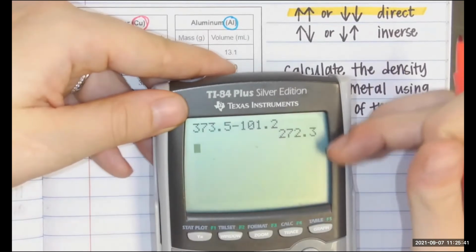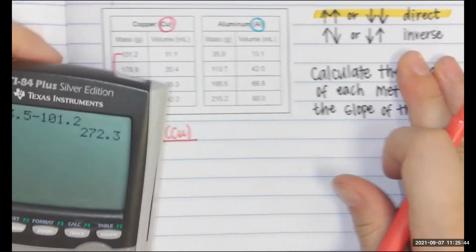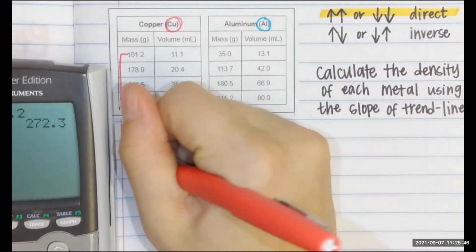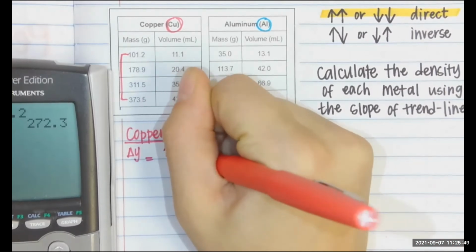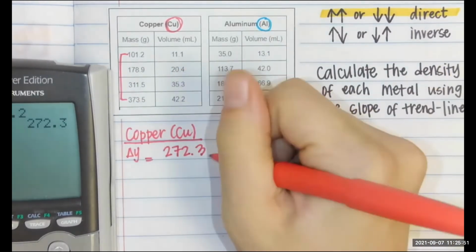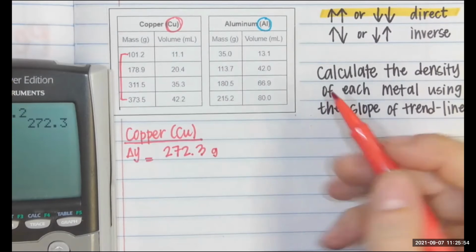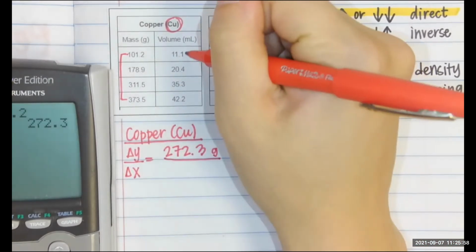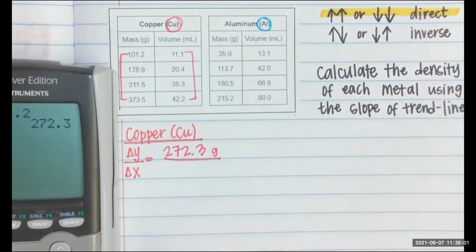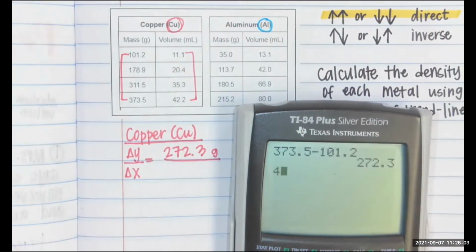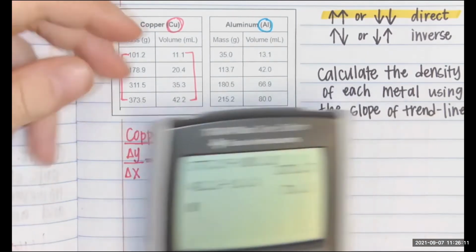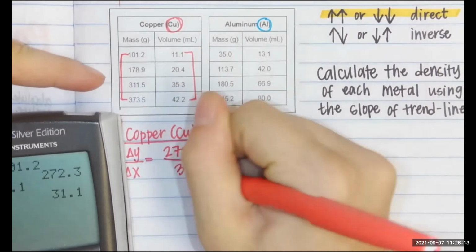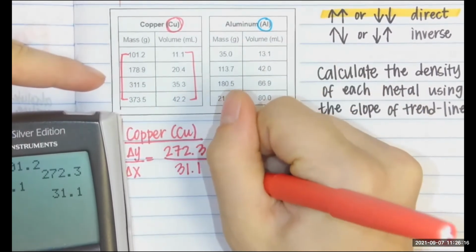So I rose 272.3 grams, because that's the units on the y-axis. Rise over run, the x-axis changed from 11.1 to 42.2. So 31.1 milliliters.